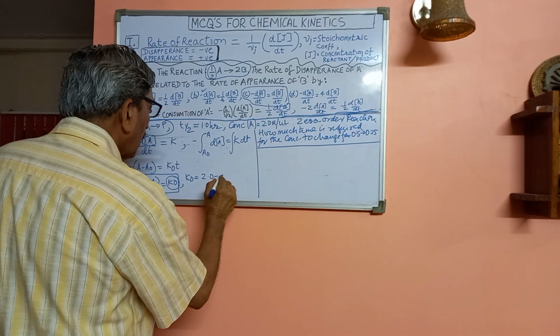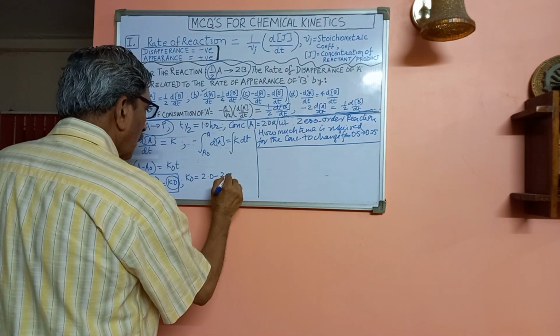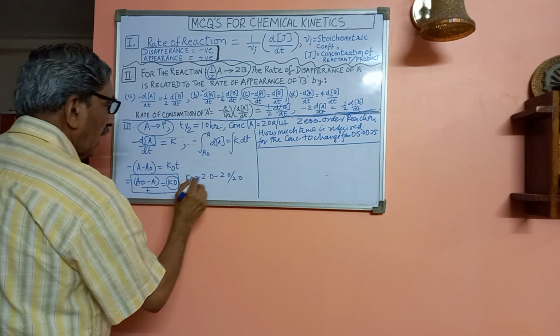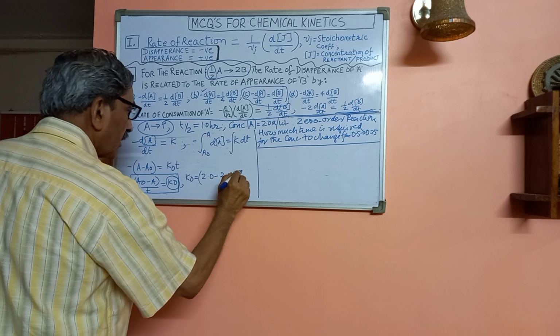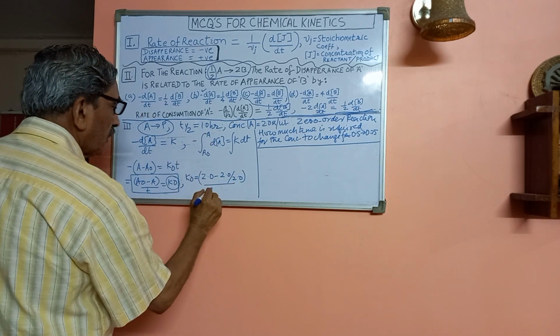So this is a0 by 2, and this upon t half, and t half is 1.0.